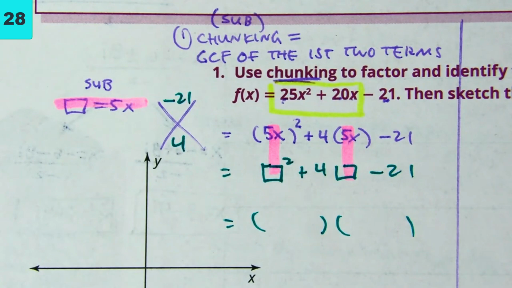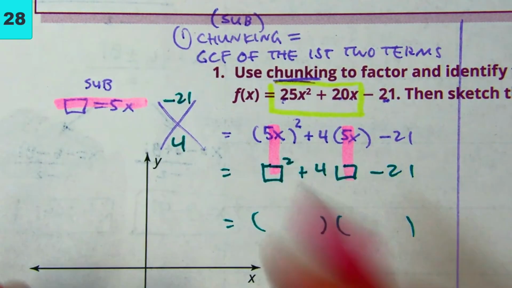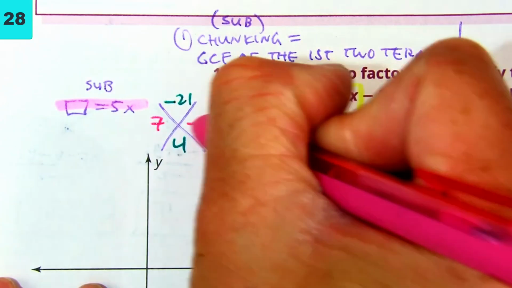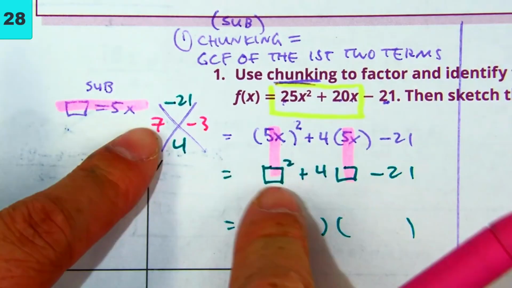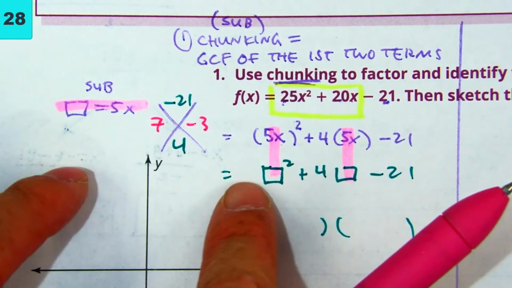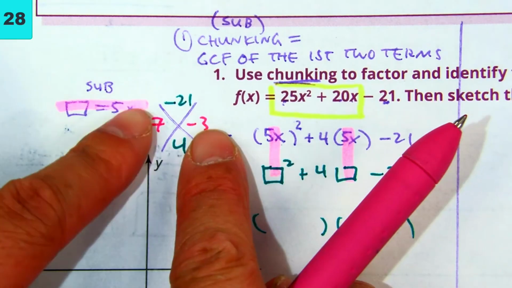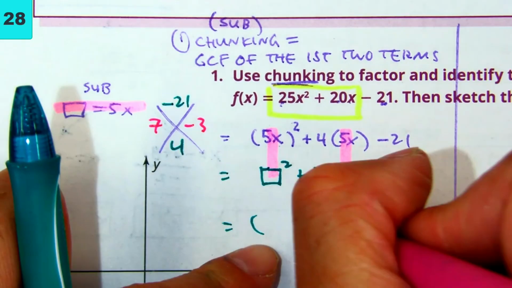Tony? 7 and -3. Because my A value is now equal to 1, pay attention, I can just put these two numbers in here, 7 and -3.